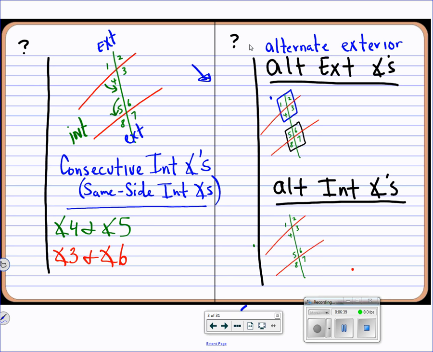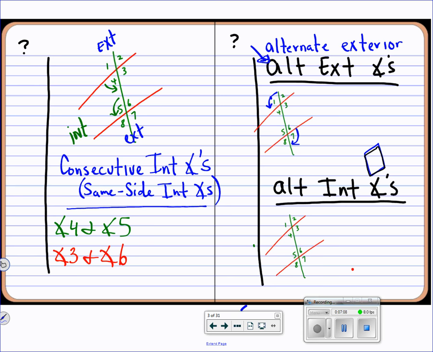So let's take a look. This is where we're looking at an alternate exterior angle. Okay, if you take a look at 1, the one that goes with that one that's an alternate exterior has to be pulled from this 4. 8 and 7 are the only ones that are exterior down here. 7 is the only one that's on the other side of the transversal, right? 1's on this side, 7's on this side.